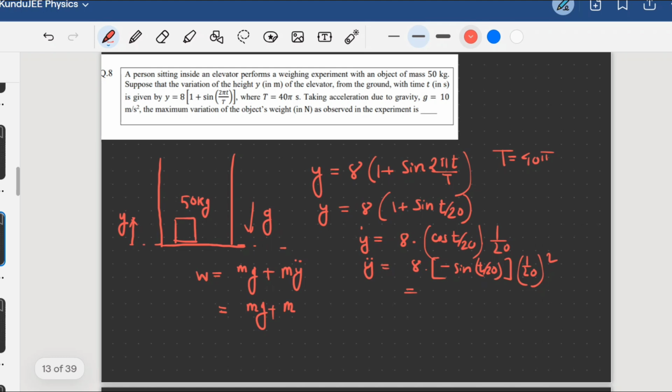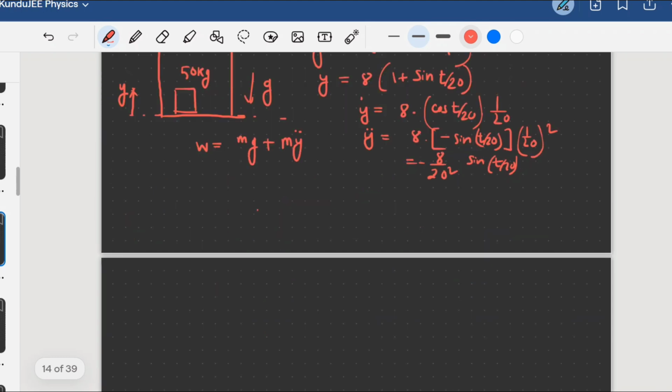So it is becoming 8 by 20 square minus of sine t by 20. So weight I can write, that is mg minus m into 8 by 20 square sine t by 20.